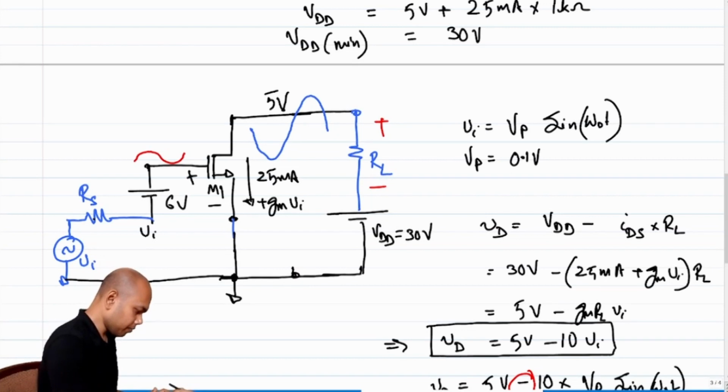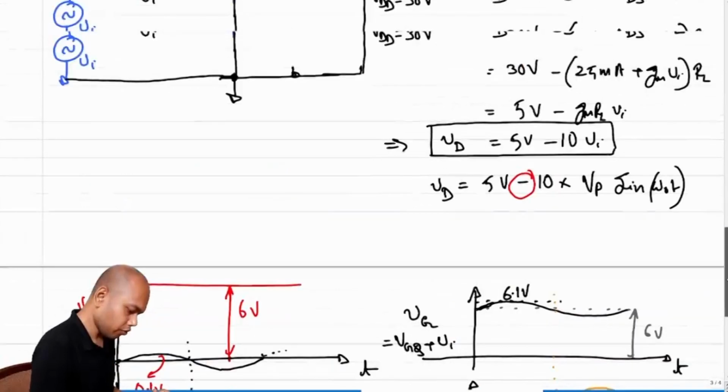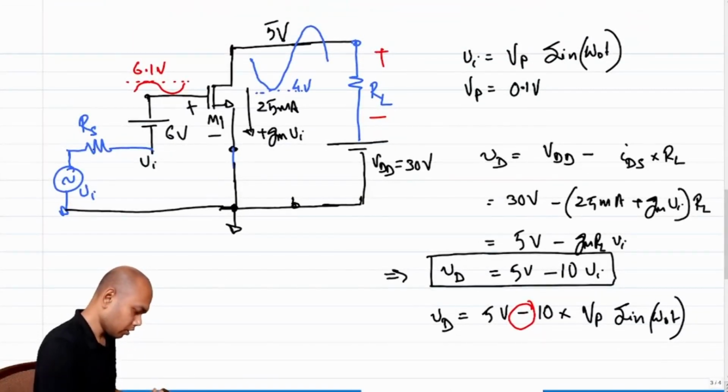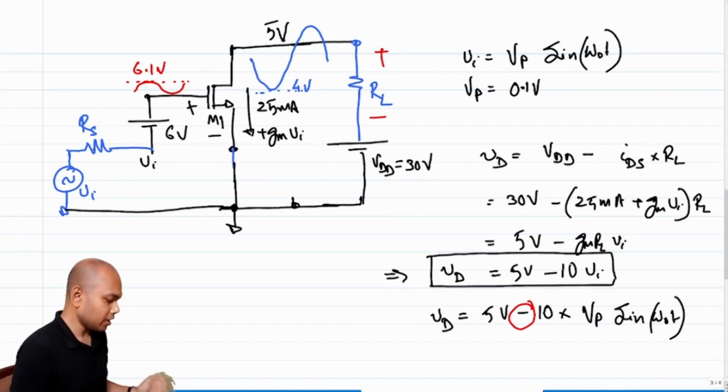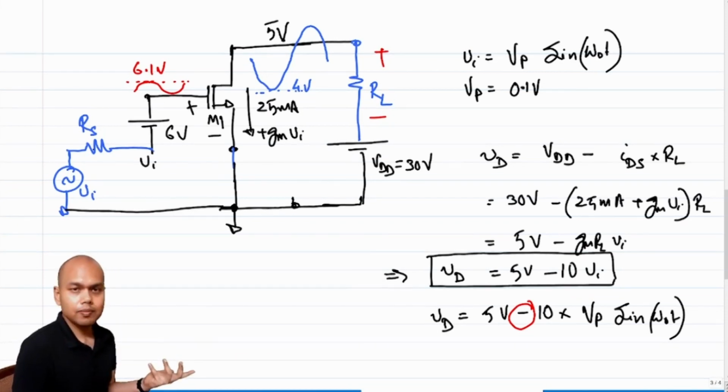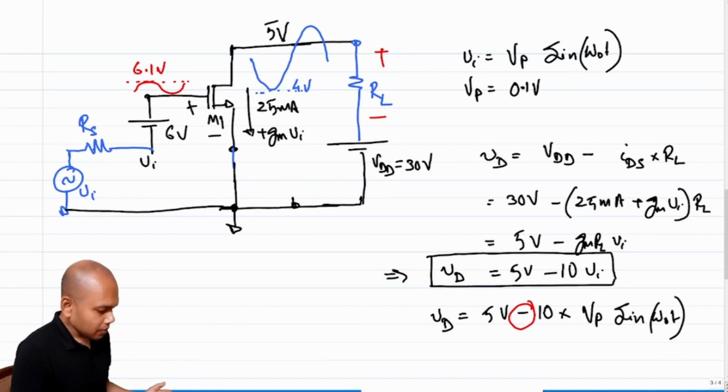So when the gate voltage has gone up to 6.1 volt, the drain voltage has gone down to 4 volts, right? To 4 volts. So now can you comment if this transistor under this condition at this time juncture, is it in saturation, or is it in linear region or triode region? Clearly the transistor here is not in saturation, it's in linear region, right?